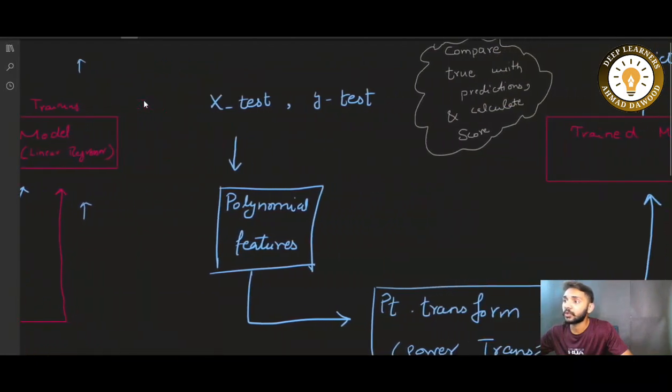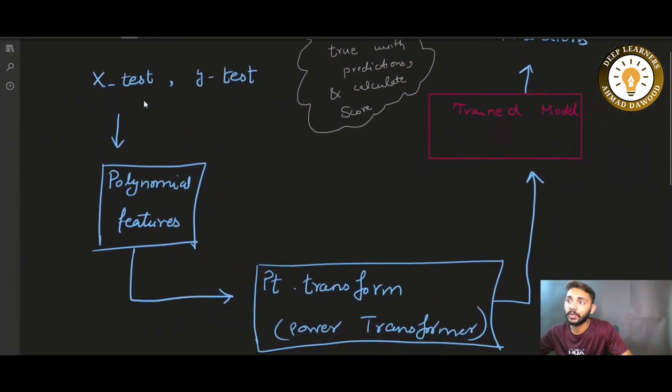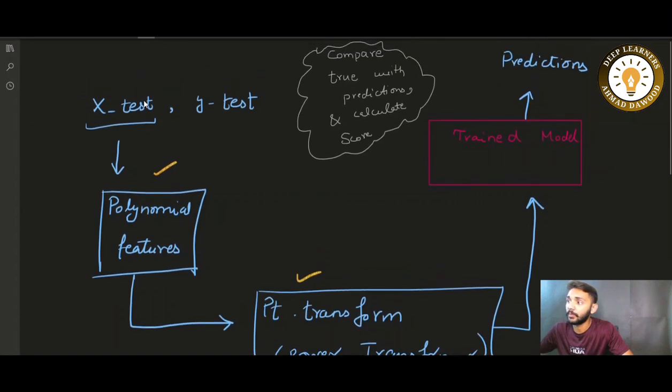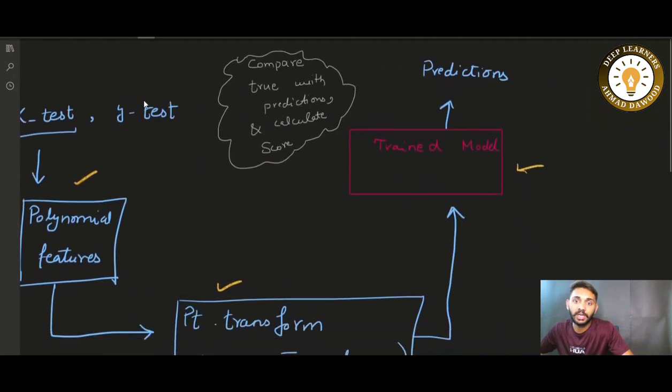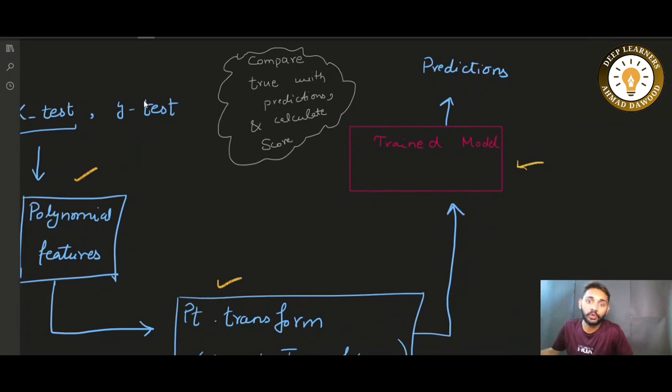If I have to check on the test data points, then first I have to convert my x test into the polynomial feature, and then transform it into the same scale that I have used during my training part, using power transform dot transform, and then pass it as input to my trained model, which will give me some predictions, and by using those predictions I will check the model's score on the test data points.